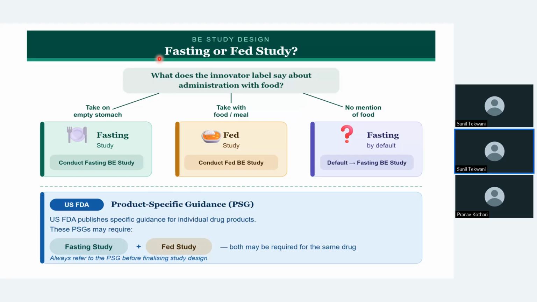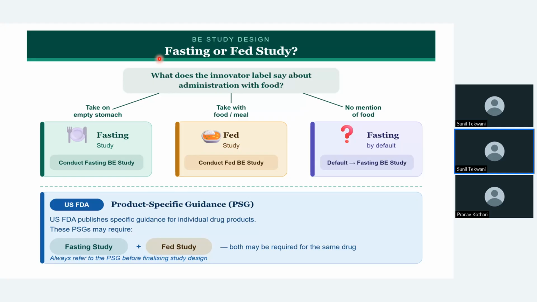Next day, at 8 a.m. in the morning, that means Monday 8 a.m., each of them will be given a single dose of drug with 240 ml of water in most cases. Before 8 a.m., that means 1 hour before, from 7 a.m. to 9 a.m. or 10 a.m., for these 3 hours, they are not allowed to take anything, even water.